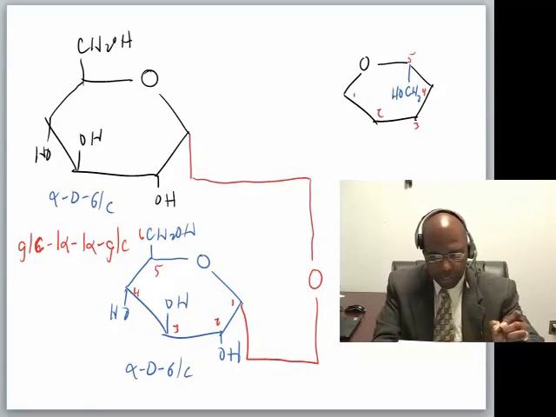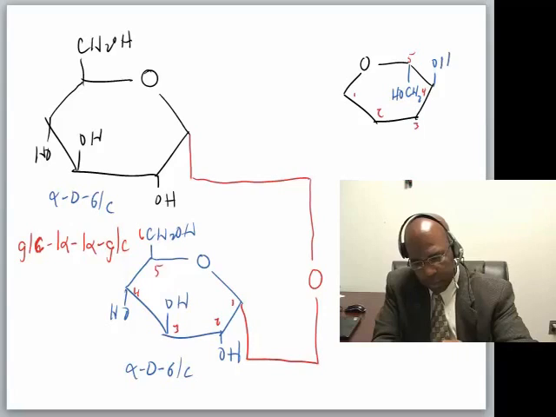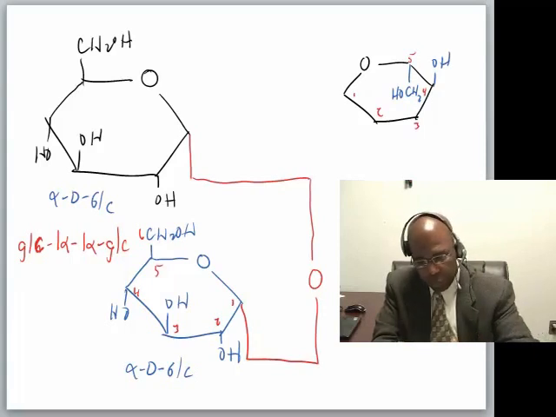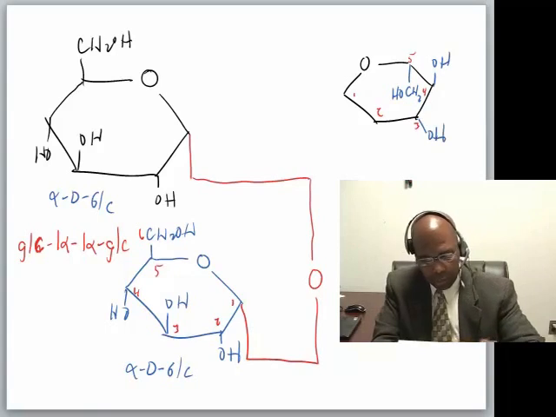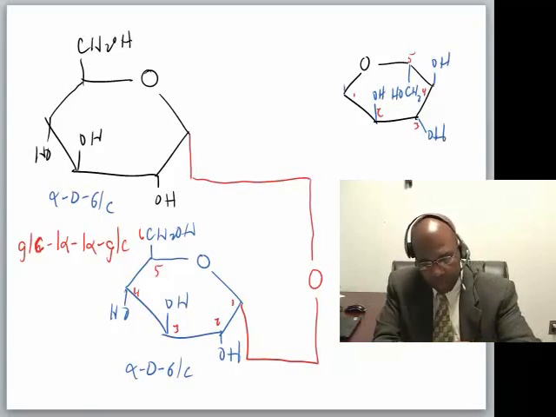So that has to go down. 4 has to go up because it's down. 3 is up, so 3 here has to come down. 2 is down, so 2 has to go up. And now, if we want this to be alpha, alpha is going down here, so alpha has to come up here.